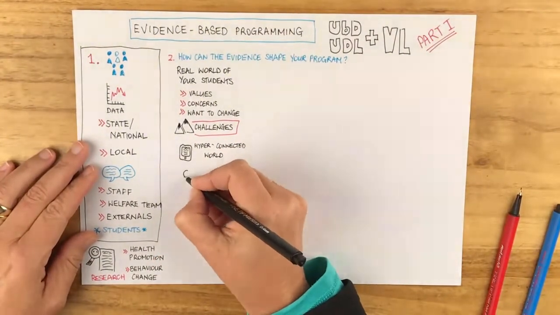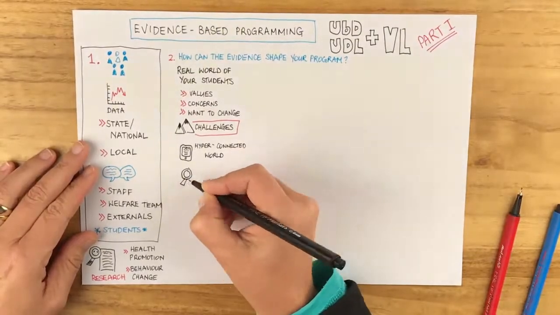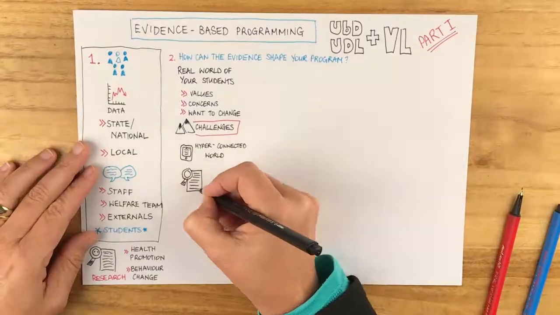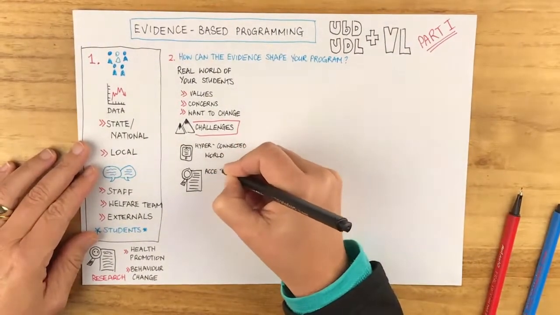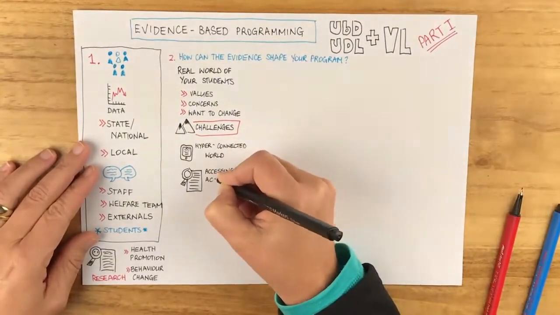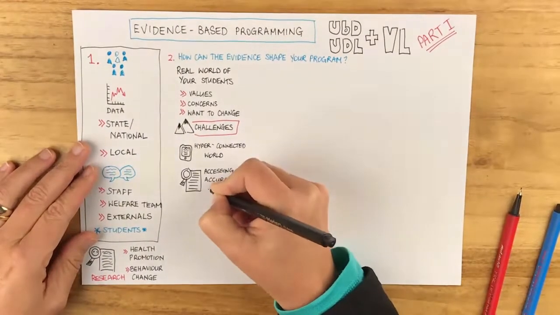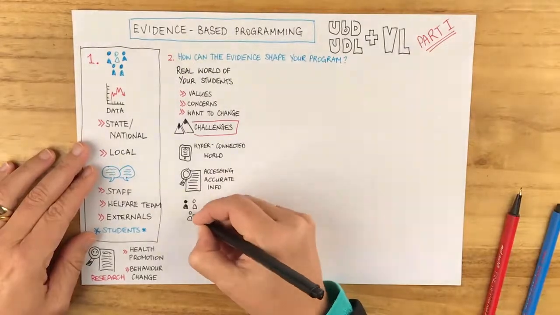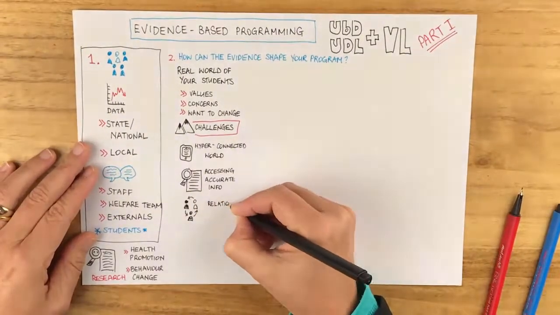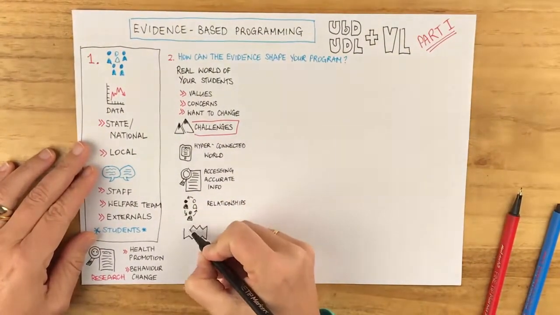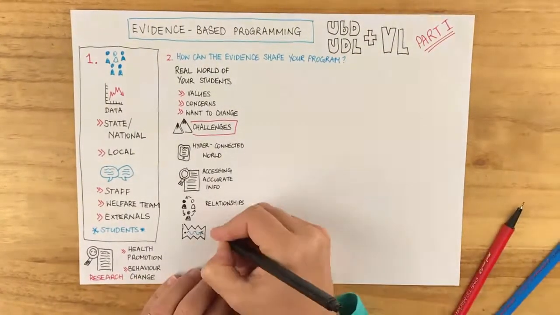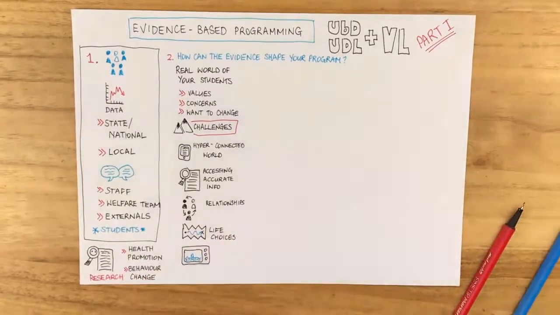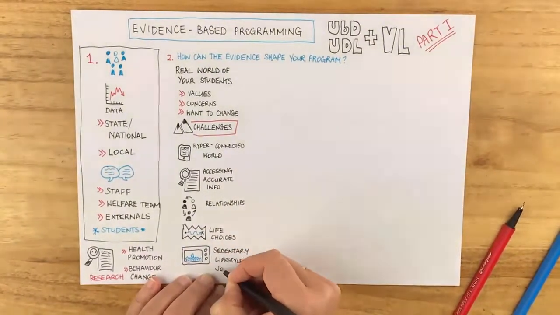Also their ability to be able to access accurate information about their health, different relationship or personal issues that might be happening, or even accurate information about physical activity or fitness programs, those sorts of things. It could also be challenges around navigating different relationships that they might be dealing with, and also dealing with the plethora of life choices that they may have. Another one would also be overcoming a sedentary lifestyle or occupation.